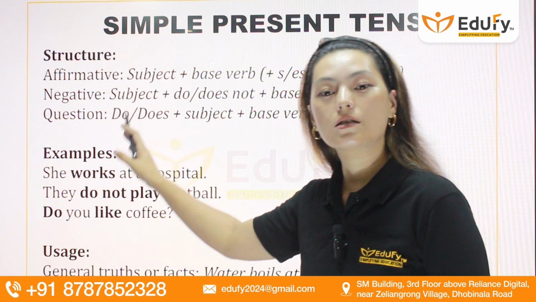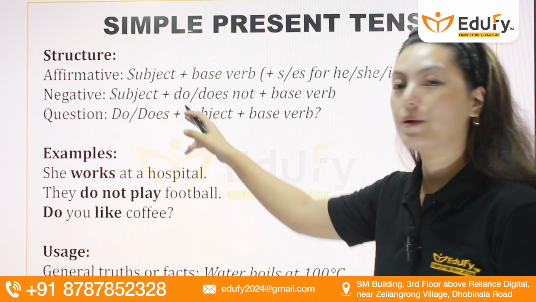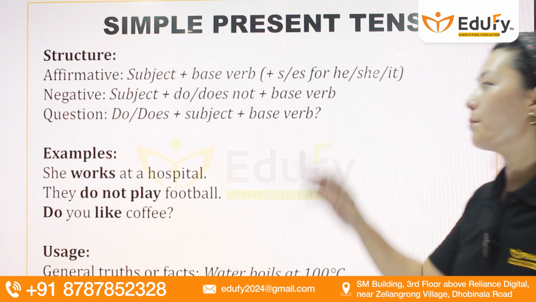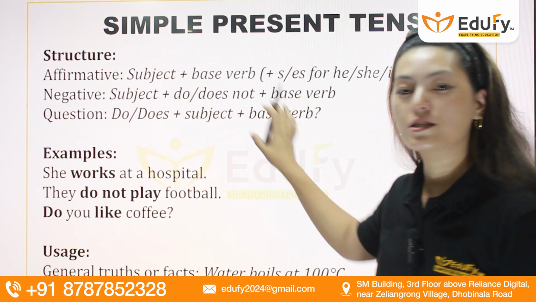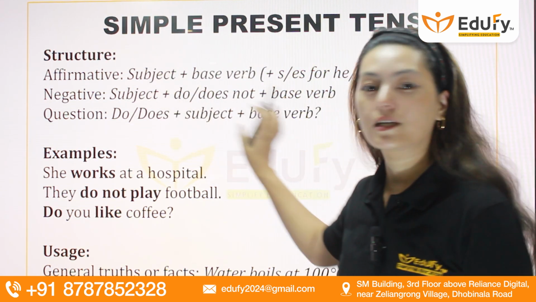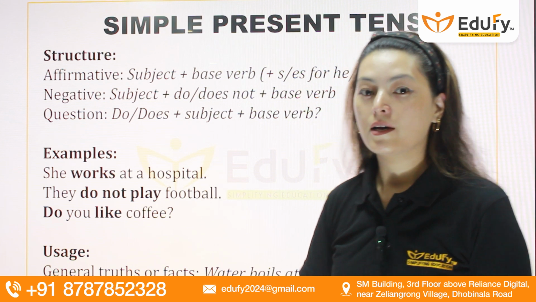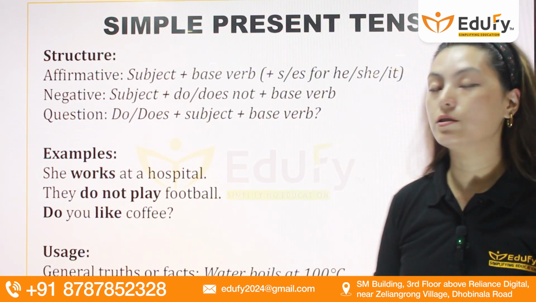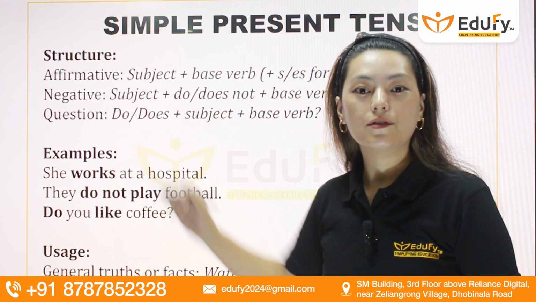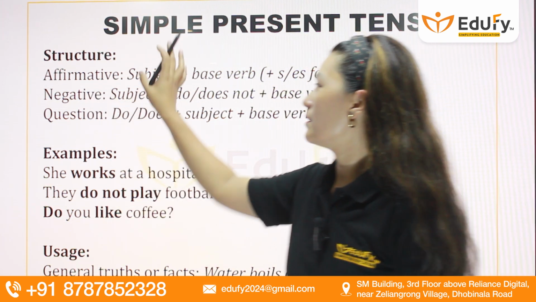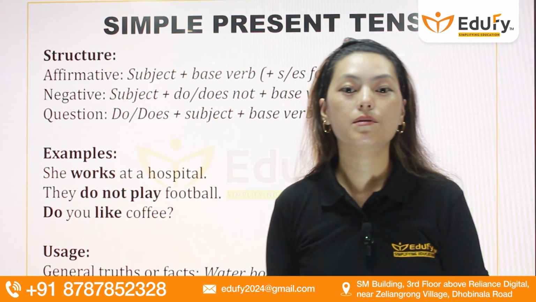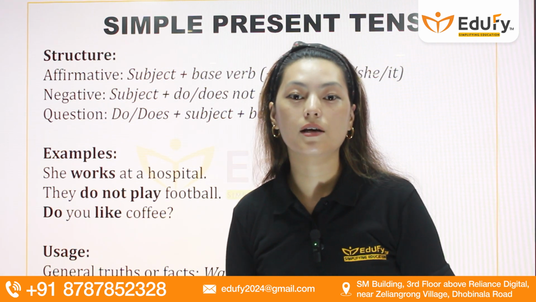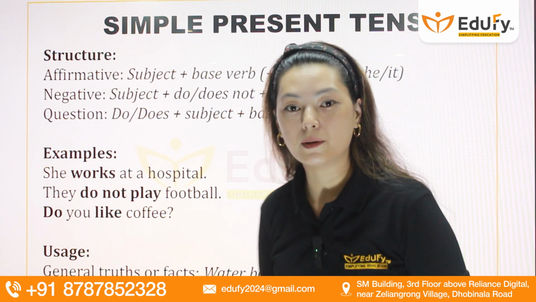It has the auxiliary verb do or does plus the subject plus the base verb. So one thing that remains constant within all of these structures is the subject and the base verb. The auxiliary verbs keep on changing according to the types of sentences, right? But the subject and the base verb remain the same in all of these sentences, and that is how we are able to identify that as a simple present tense.